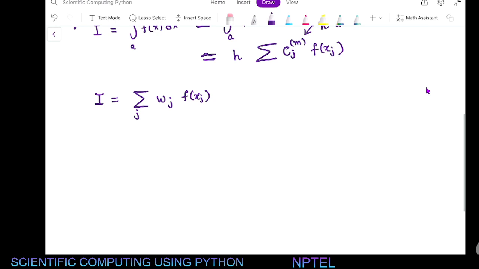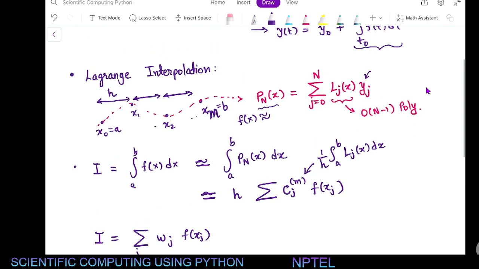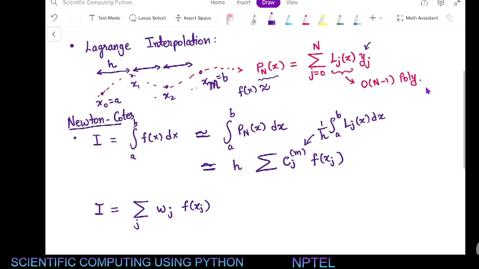Okay, so our job is to determine the wj's and maybe the x's. So in this case, this is Newton-Cotes, right? The xj's are already known. Those are where your x1, x2 are.